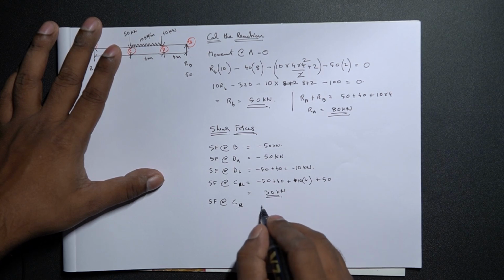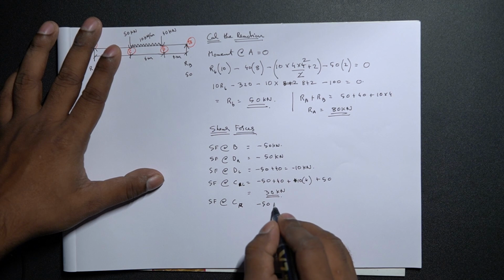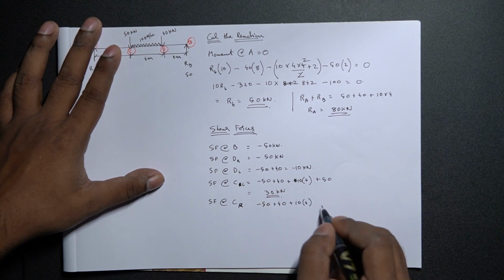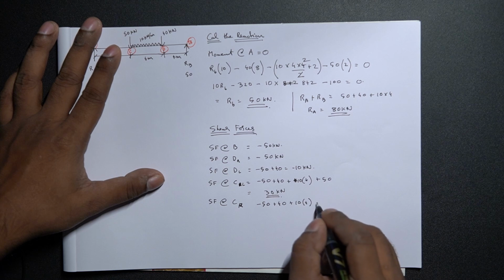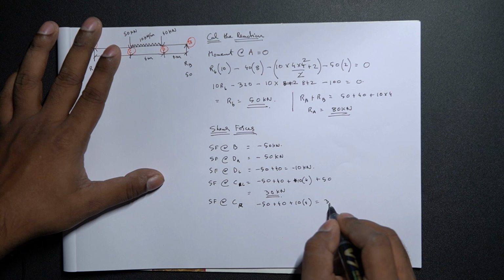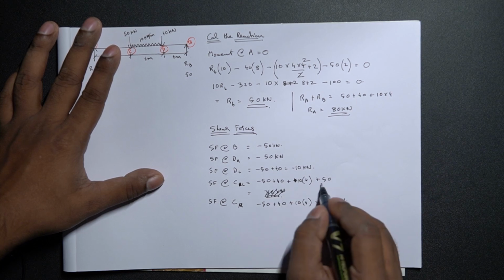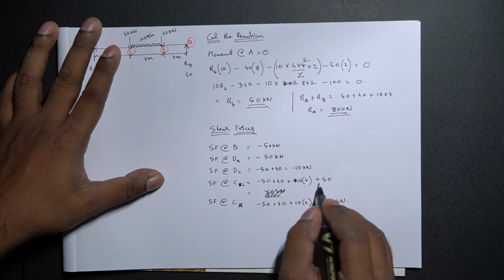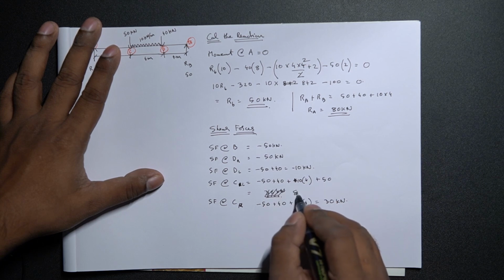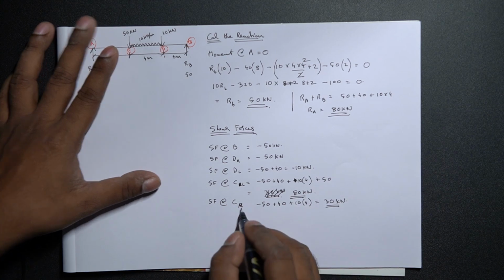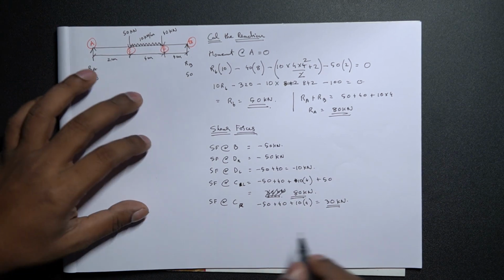So that would be minus 50 plus 40 plus 10 times 4. This should be equal to 30 kilonewtons, and this should be equal to 30 plus 50, 80 kilonewtons. So we have 30 kilonewtons here, we have 80 kilonewtons here towards the right and left of C respectively.